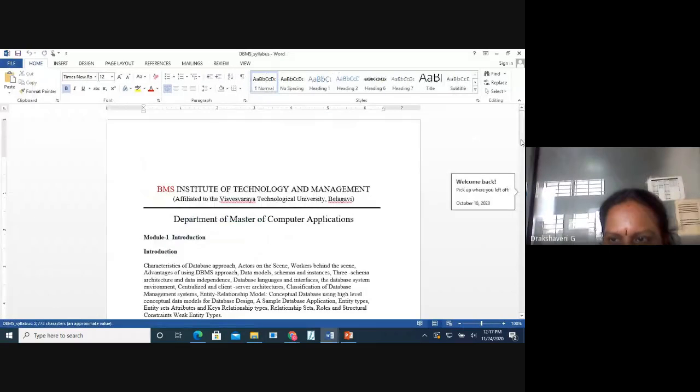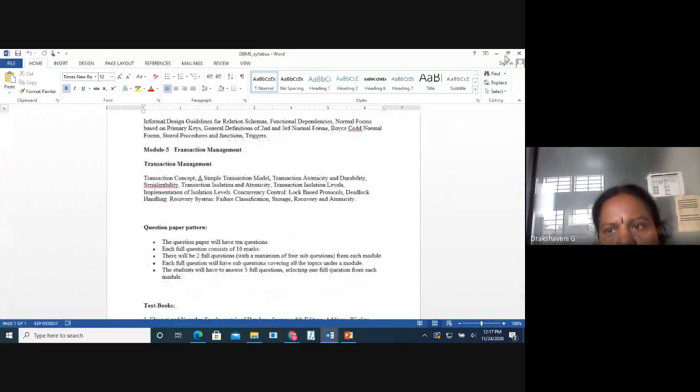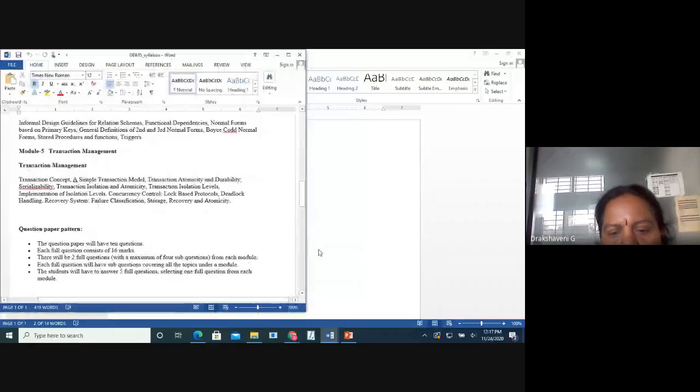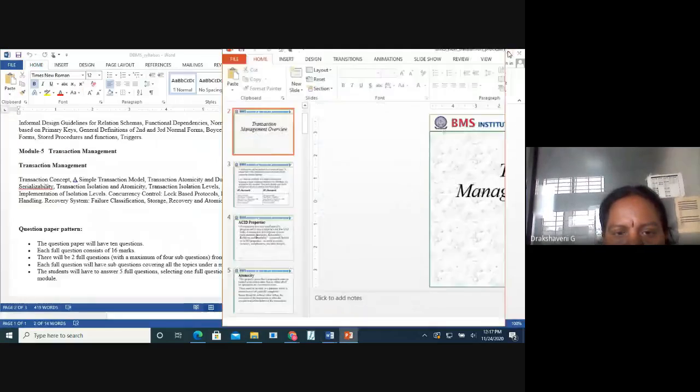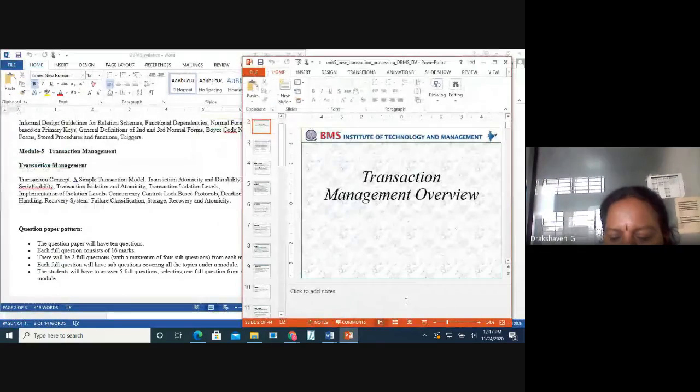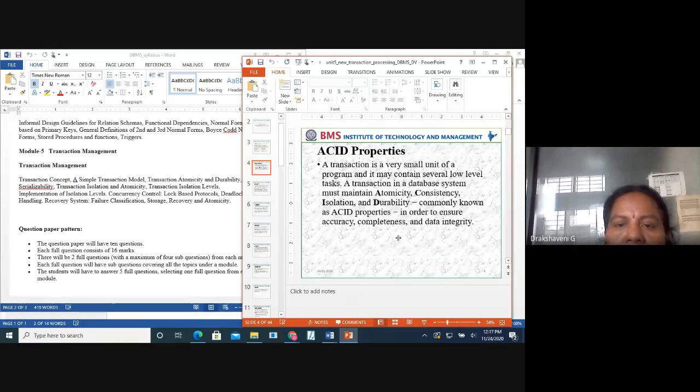So, the first unit: transaction concept and the simple transaction model. You can see the transaction model and how a transaction is done, where A's account and B's account are involved. Then the ACID properties: atomicity, durability we have seen.